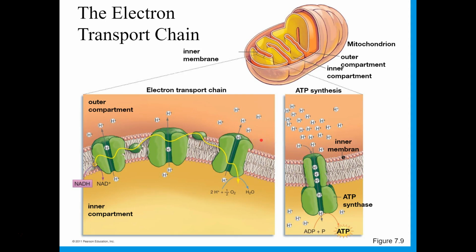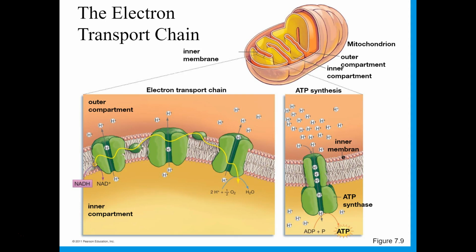And you can see here is the path of this electron. This electron is negatively charged, and so what it's going to do is cause positively charged protons to follow it, to be pumped out from the inner to the outer compartment.